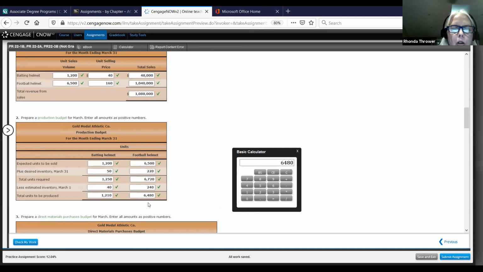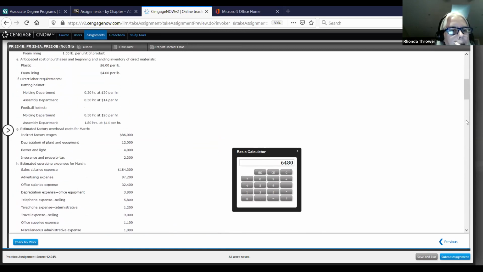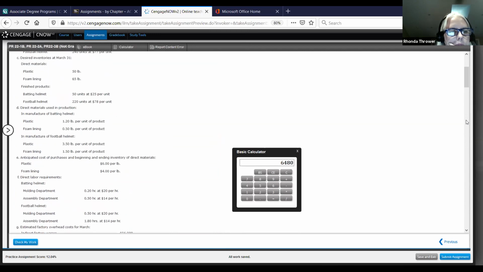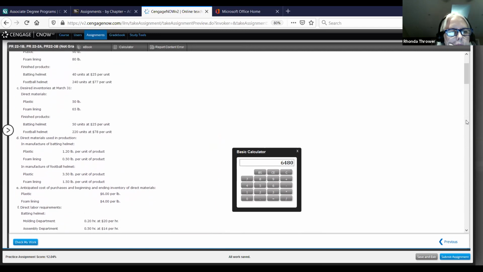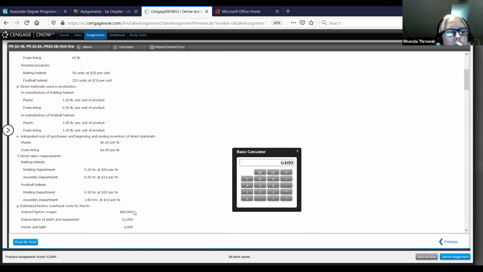That comes from the production budget. And we're going to multiply it by the time it takes to produce the football helmets in the assembly department. And it's 1.8 hours. So we're going to multiply this by 1.8.